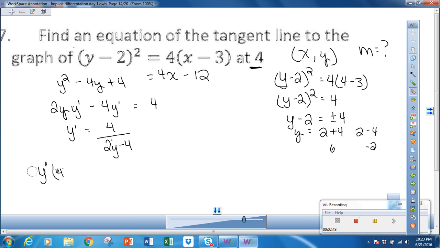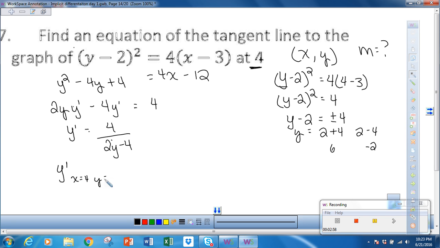Probably the best way is to look at y prime when x is 4 and y is 6. And that will give us 4 over 2 times 6 minus 4, which is 4 over 8, a half.